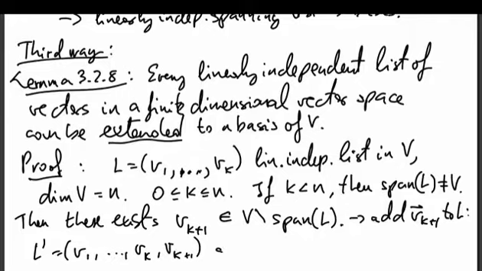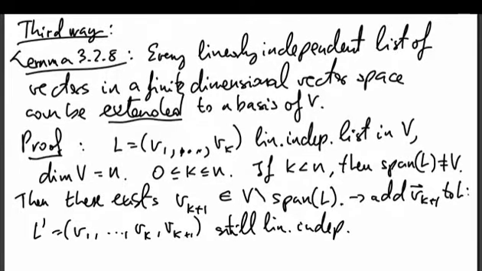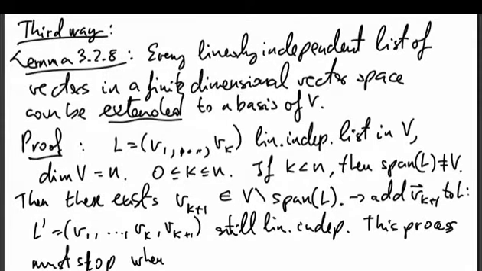And this is still linearly independent because we added a vector which wasn't in the span of L. And we know that this process must stop when the number of vectors reaches n, since we cannot have more than n linearly independent vectors in a vector space with dimension n.